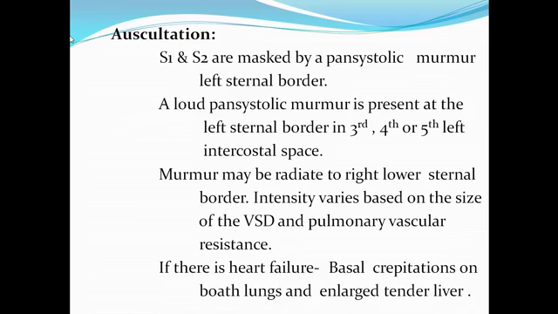The intensity varies based on the size of the VSD and pulmonary vascular resistance. If there is heart failure, there are basal crepitations in both lungs and an enlarged tender liver is found.